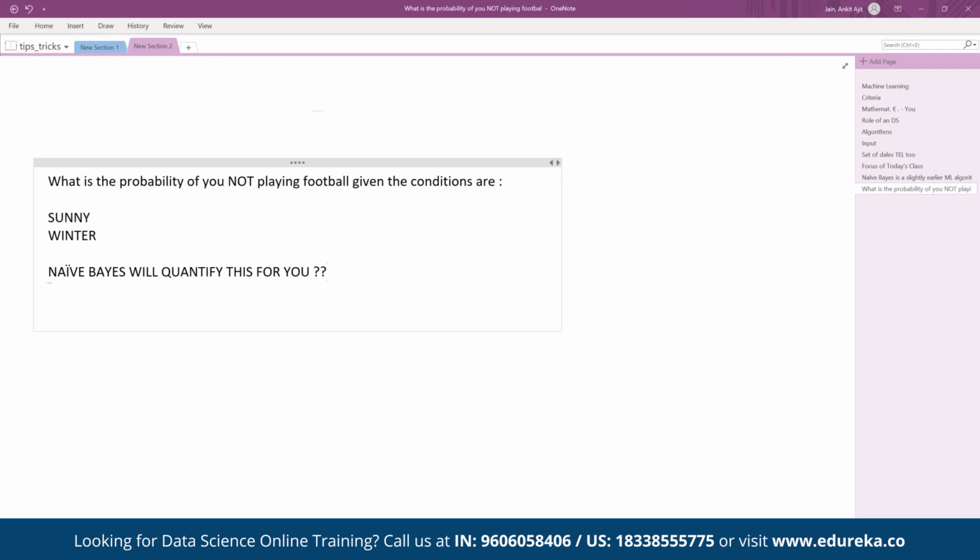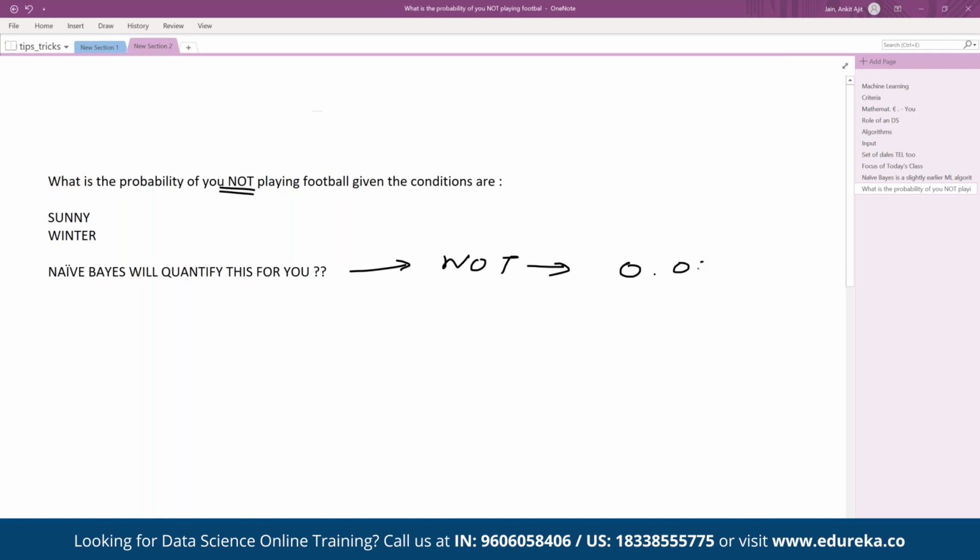Naive Bayes will tell us, hey boss, today you want to play football, what are the chances that you will not play football given it is sunny and winter? Suppose you quantify not playing and it comes out to be say 0.05, and you can also use Naive Bayes to see the probability of yes.